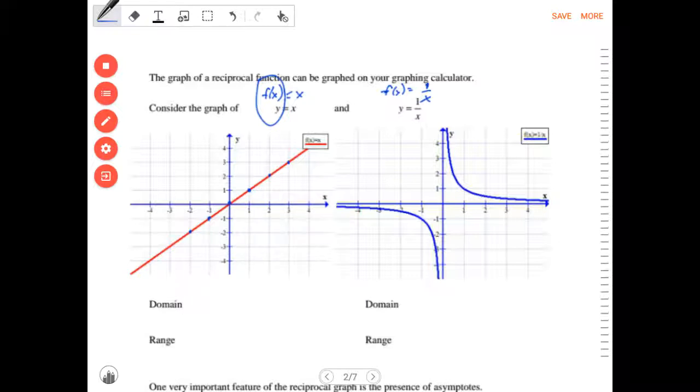That's an important point right there. So the domain of y equals x is everything. This line is going to go on forever, so we say x is an element of the reals. The range goes up forever and down forever, so we say y is an element of the reals.